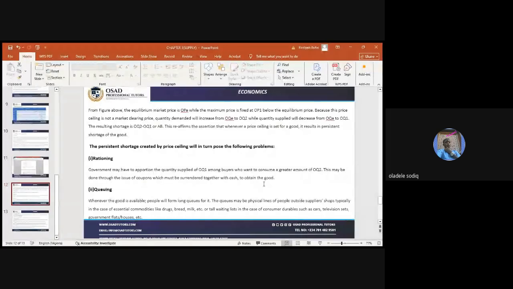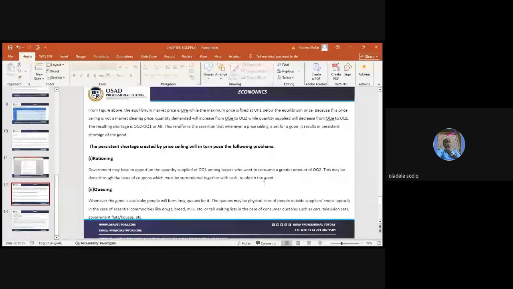So what we are saying is that the moment government imposes a price ceiling, it is going to affect the supplier more. That is what we are talking about.